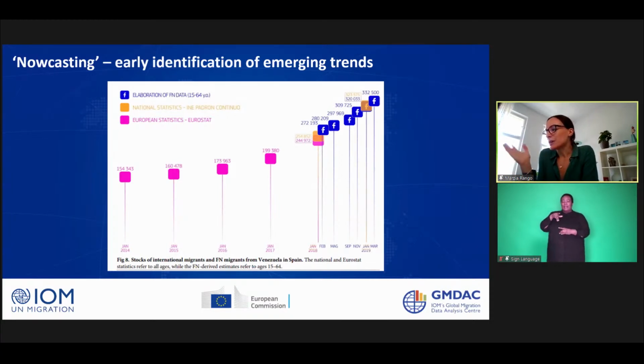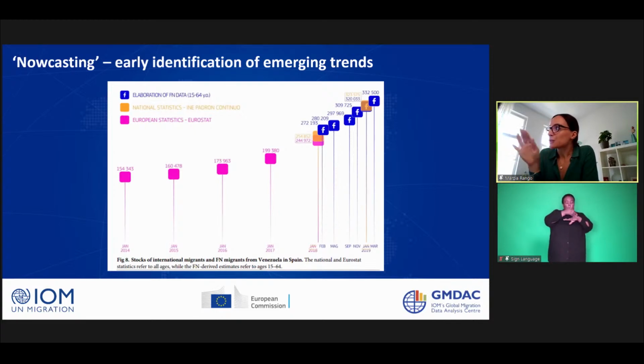And so one example, and here you can see a comparison with the official statistics of the number of Venezuelan refugees and migrants in Spain between 2014 and 2019, based on official statistics from Eurostat in pink, the National Statistical Office of Spain in yellow, and Facebook, an elaboration of Facebook data for the adult population.